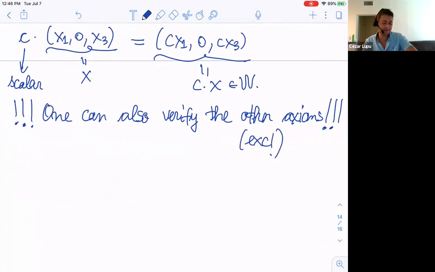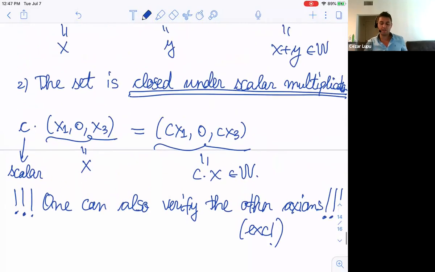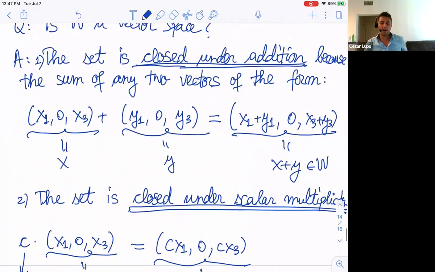It will take us at least another 20 minutes. The following theorem, fortunately, will tell us that it's not necessary to verify all other axioms. It's enough to verify 2. And in fact, in this example, that's what I did. I verified only the most relevant ones: the closure under addition and the closure under scalar multiplication.